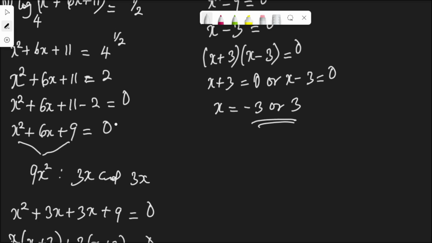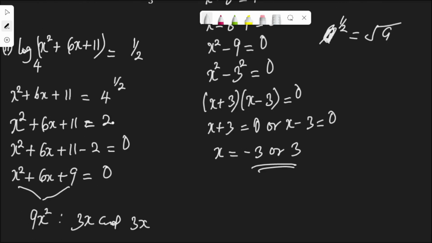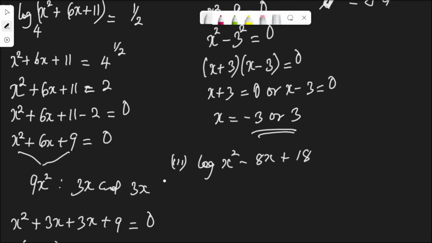Let's move on to the final question, question number 3. Log of x squared minus 8x plus 18 to base 8 is equal to 1 over 3.